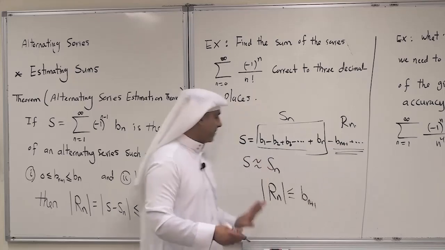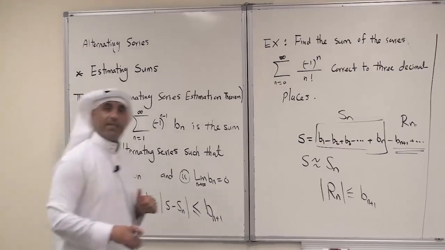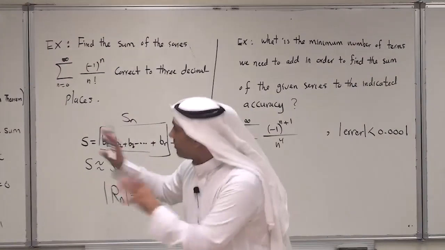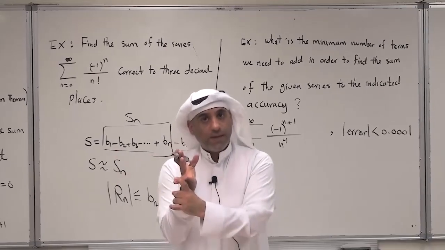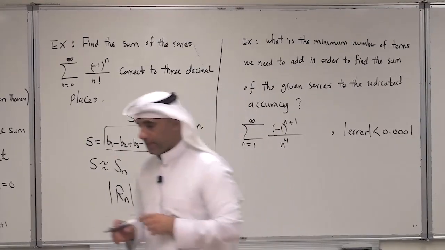So it is Bn plus 1. That's exactly the statement of the theorem, keeping in mind that we have an alternating series, and that series is convergent. So before we use the theorem, we need to prove the series is convergent, and then we can use the theorem to estimate the error involved in estimating the sum.